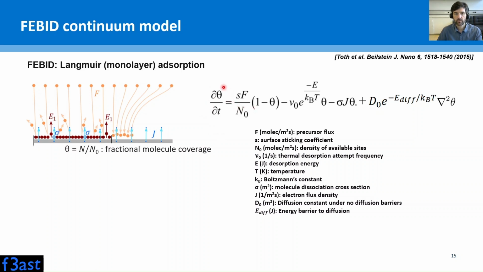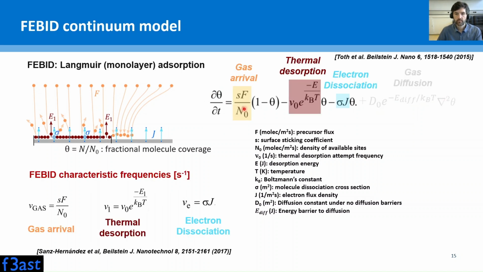And you can see that this time evolution depends on many factors. It will depend on how much gas is arriving and how many sites I have available. It will also depend on how much thermal desorption I have in an exponential way with the temperature. The higher the temperature, the more desorption I will have and fewer molecules on the substrate. It will also depend on how much electron dissociation I have.